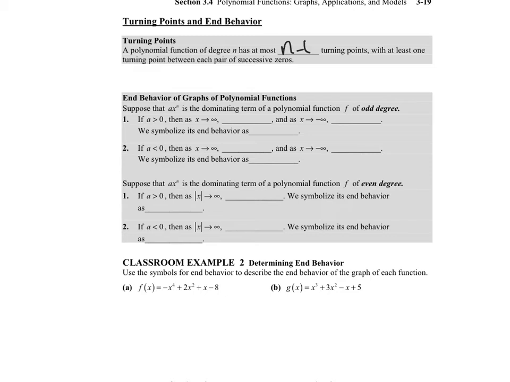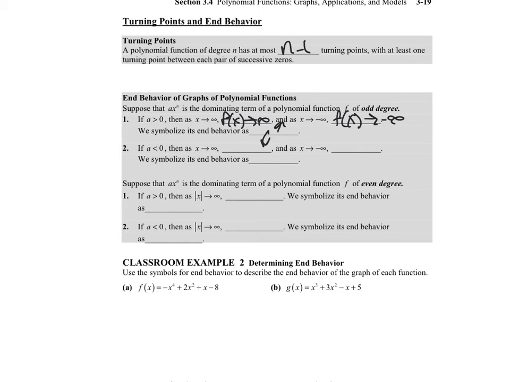If a is greater than 0, then as x approaches infinity, f of x approaches infinity, and as x approaches negative infinity, f of x approaches negative infinity. We symbolize its end behavior: the left goes down, the right goes up, because these are for odd degrees.